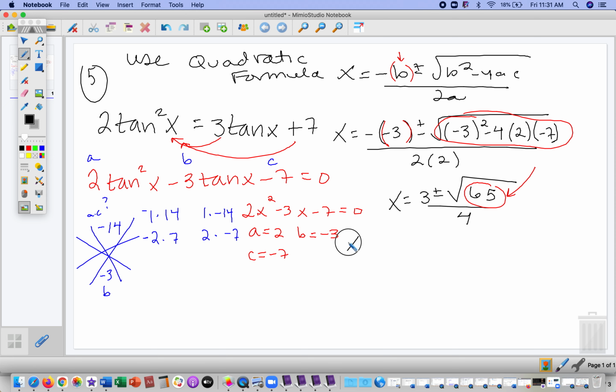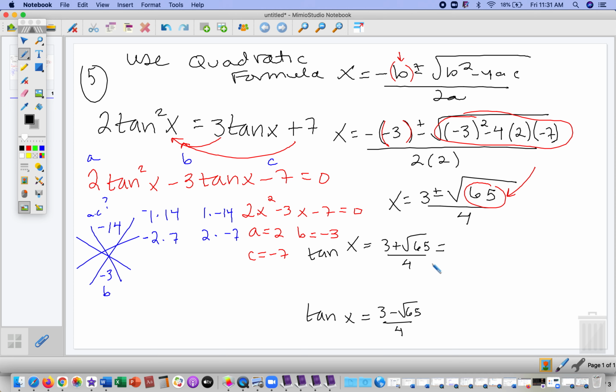So now we're going to say x equals, we can throw that tan back in there, tan x equals 3 plus root 65 over 4. Tan x equals 3 minus root 65 over 4. Now I know these values aren't on the unit circle, right? So 3 plus root 65 over 4. Gonna round, let's see.